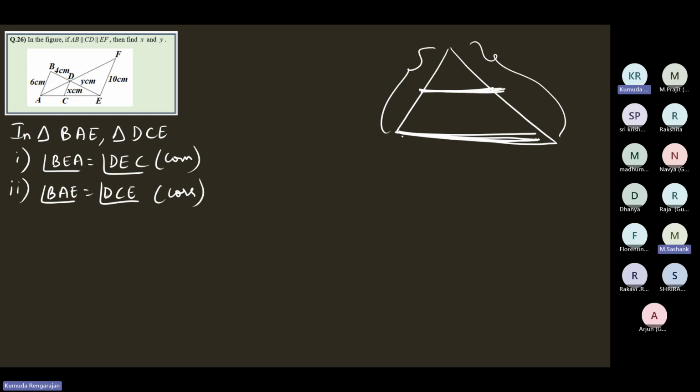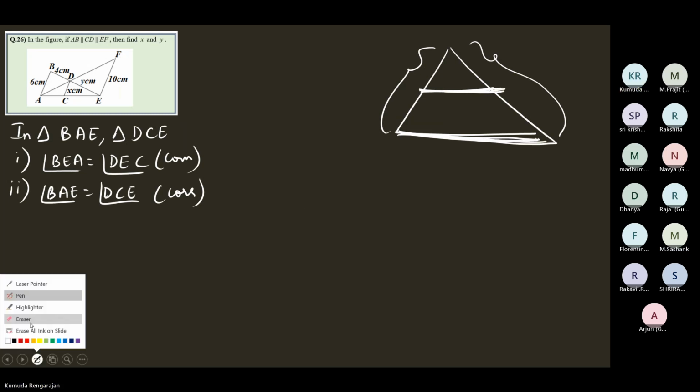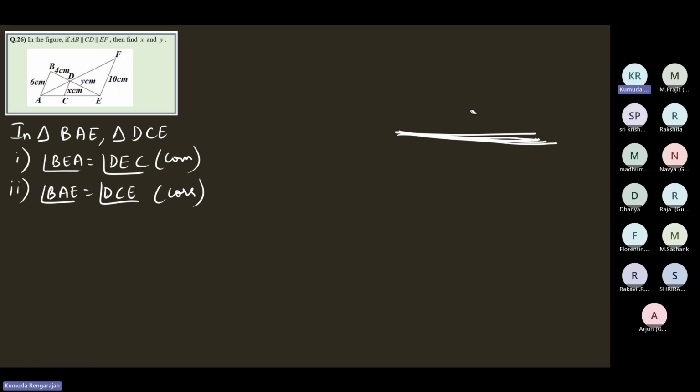You get a ratio of these two sides also. Here you can see that X and 6 are marked here. This is X, and we have 6 here. So when information is given about these line segments, it's better you use similarity.